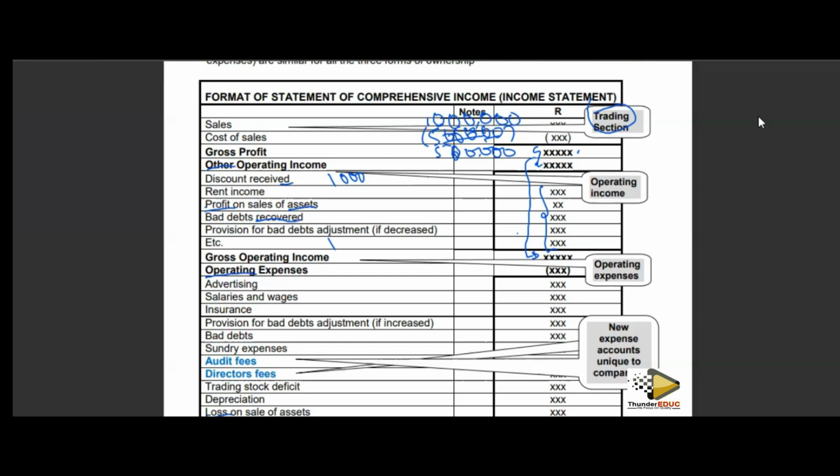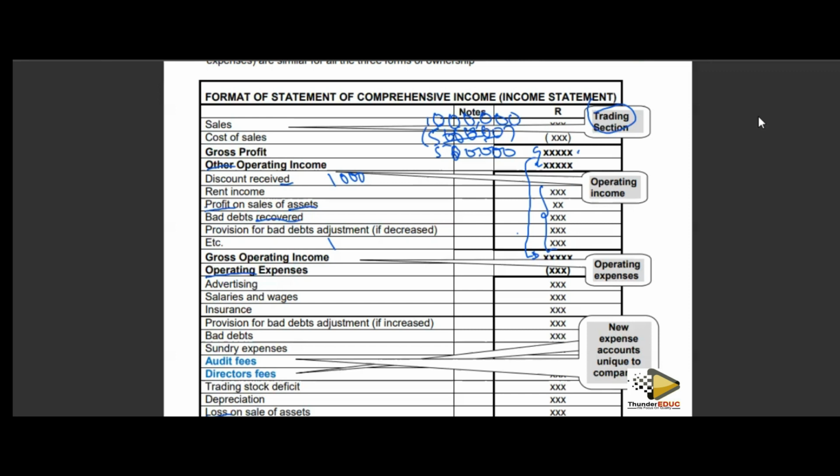Provision for bad debts, adjustments, we shall explain this when we do it. Actually, provisioning for bad debts means, let me explain this now. What businesses do is they always put money aside to cater for bad debts. Remember, I talked about the bad debts.